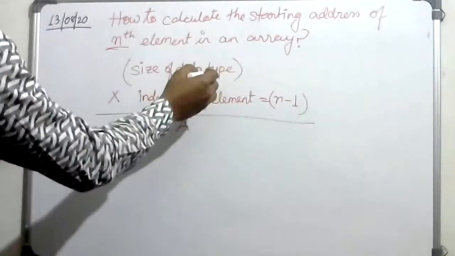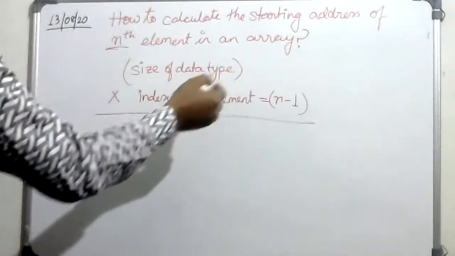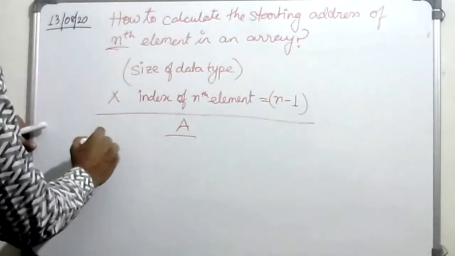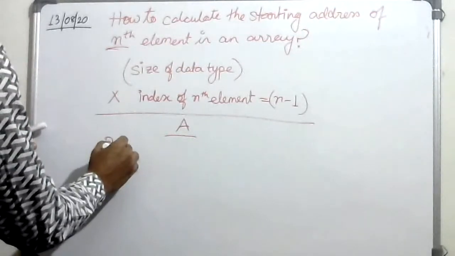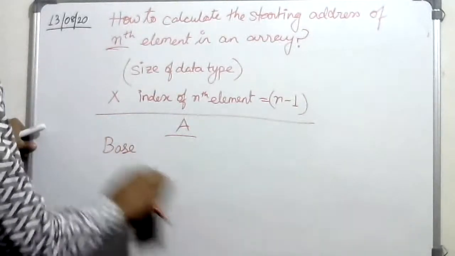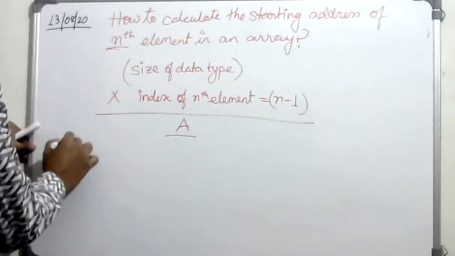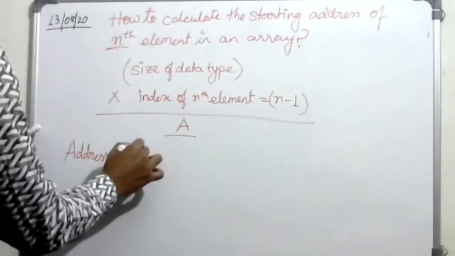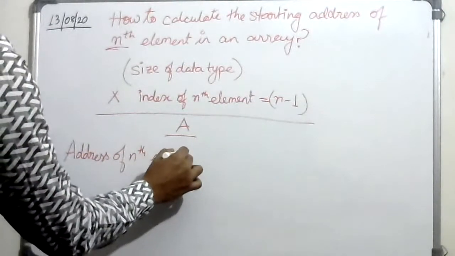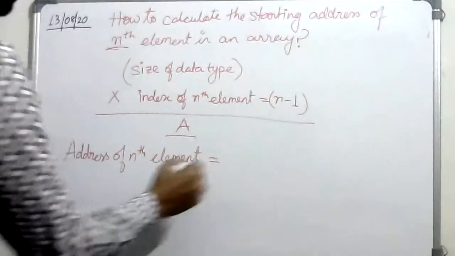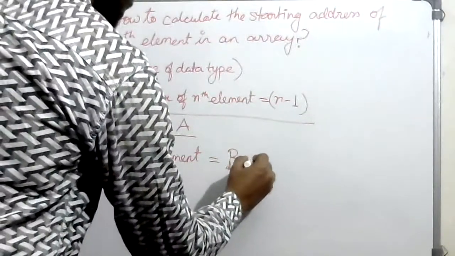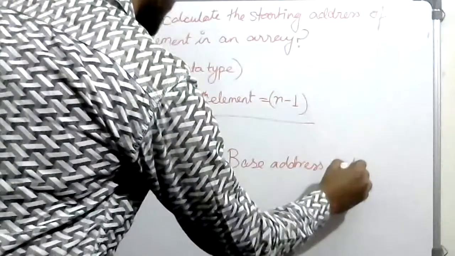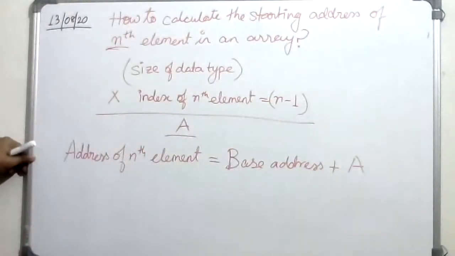So the size of the data type multiplied by the index of the nth element gives us a value A. You simply add it: the address of the nth element is equal to the base address, which will be given to you, plus the value A, which we have calculated here.